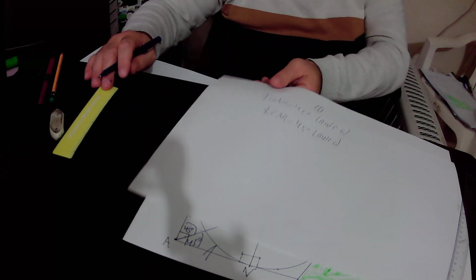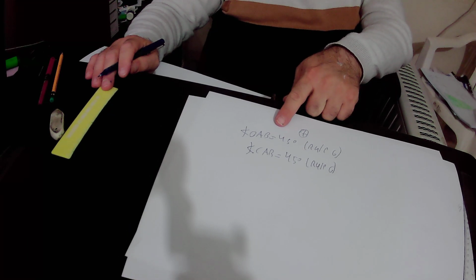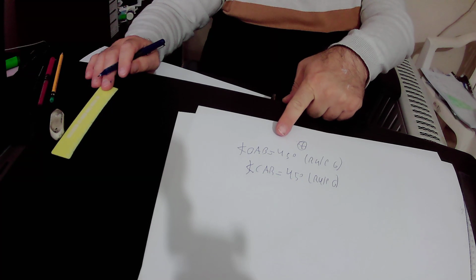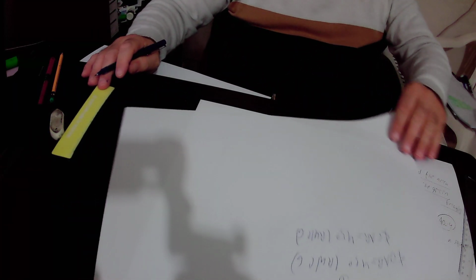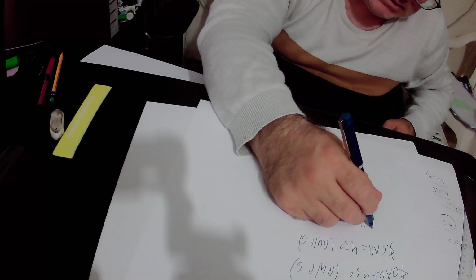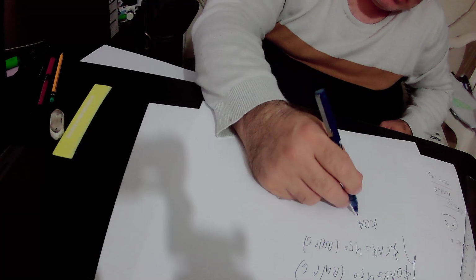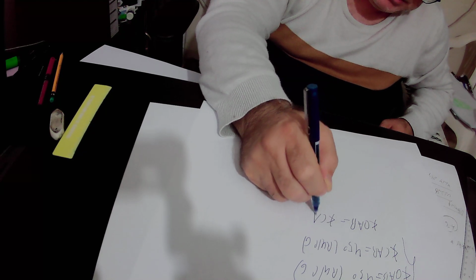So actually, those two angles are both equal to 45 degrees, therefore they are equal to each other. So we can write down that angle OAB equals angle CAB.